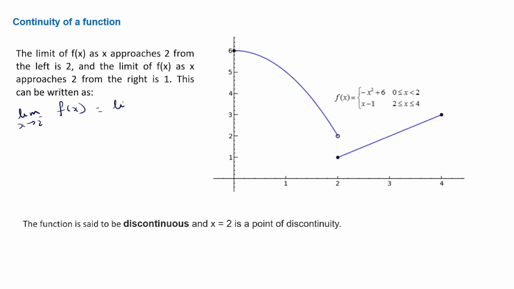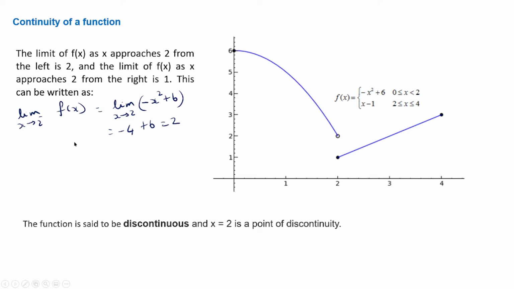Here we have to take f of x as minus x square plus 6, because when x is between 0 and 2, f of x is minus x square plus 6. So limit x tends to 2 minus f of x equals limit x tends to 2 minus of minus x square plus 6, which is equal to minus 4 plus 6, which is 2.